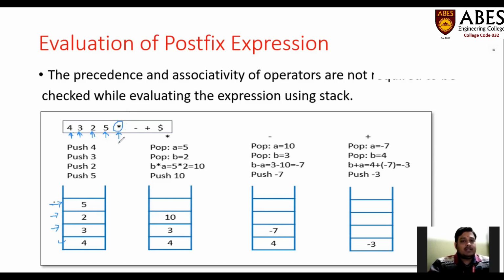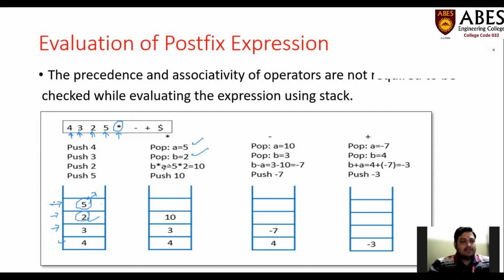Whenever any operator is observed, we have to pop the top 2 symbols of the stack, that is, 5 and 2. Let's say A equals 5 and B equals 2.